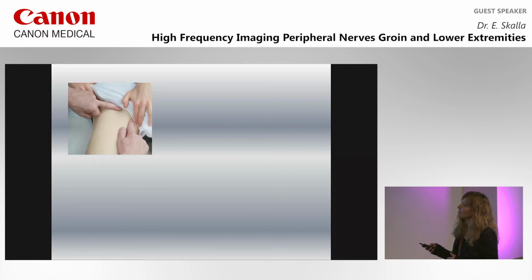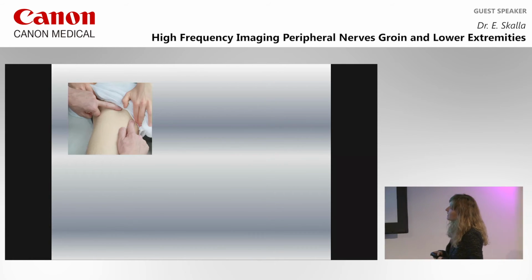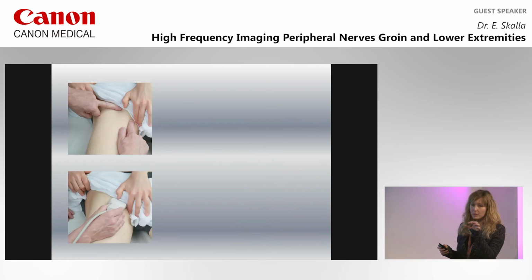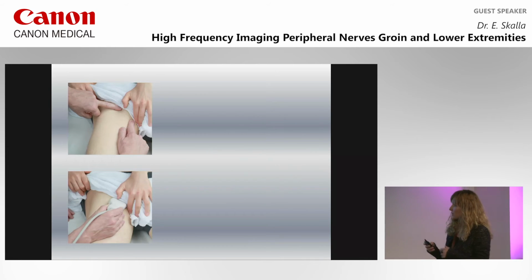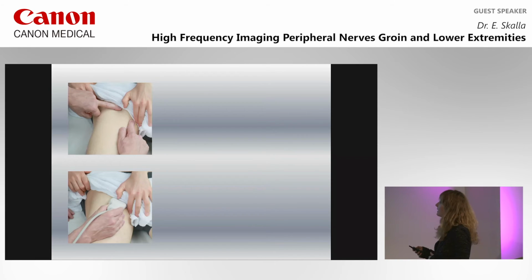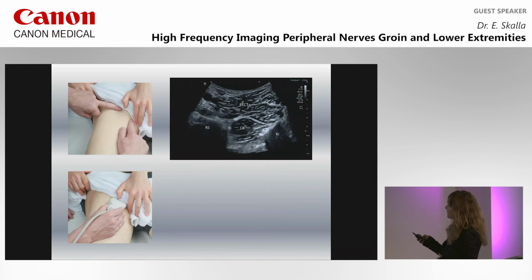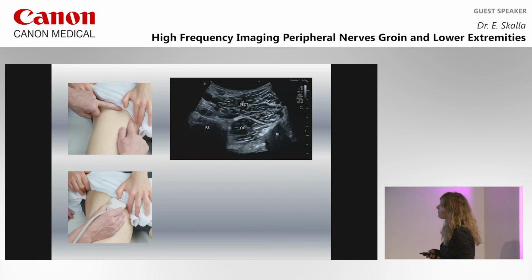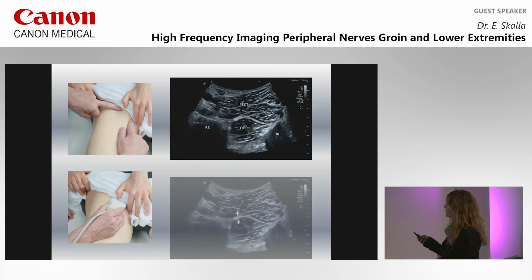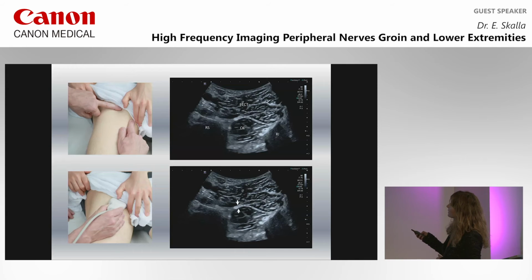We can also palpate the long tendon of the long adductor muscle, and then we put the probe in between those external landmarks in a transversal approach, slightly oblique. You will see how you can see the muscles in the best view, and then we get this picture with the bony structures of the ischial bone, superior and inferior branch, and in the superficial aspect of the picture, the pectineus muscle, and in the deep, the obturator externus muscle.